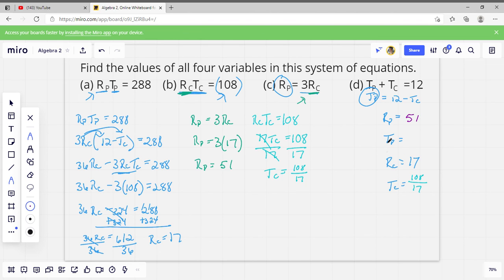TP plus TC equals 12, and TC is 108 over 17. That doesn't look fun either. All right, let's do equation A. RP, which is 51, times TP equals 288. So we're going to have to divide by 51.